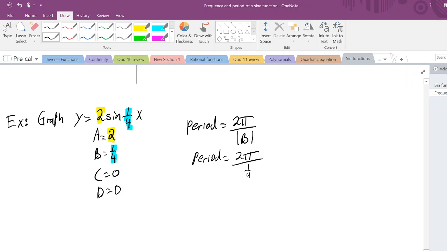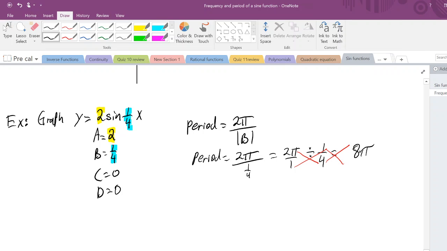So this is equal to 2 pi divided by, so 2 pi over 1 divided by 1/4. So if I cross multiply, this is just equal to 8 pi.